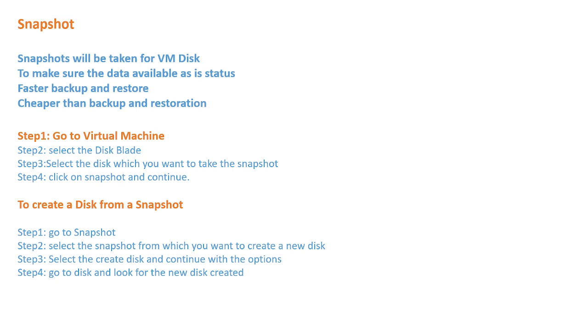It is very simple. You have taken the snapshot of the disk. You will go to the snapshot, create a new disk from the snapshot which you have taken, and go to the virtual machine and swap the disk. Once you swap the disk, the new disk, created from the old one, will be in the virtual machine. When you restart, the computer will boot with the new disk, correct?